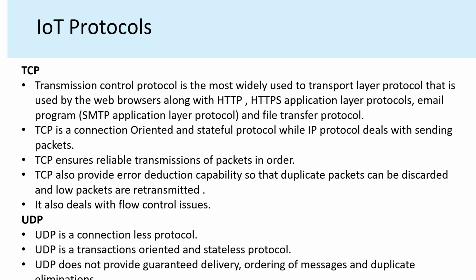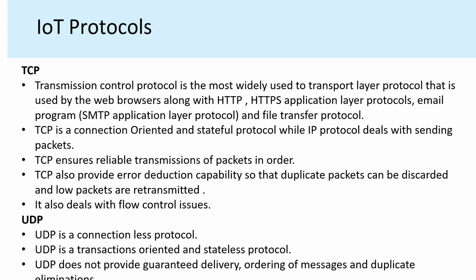TCP is a connection-oriented and stateful protocol, while IP deals with sending packets. TCP ensures reliable transmission of packets in order. TCP also provides error detection capability so that duplicate packets can be discarded and lost packets are retransmitted.